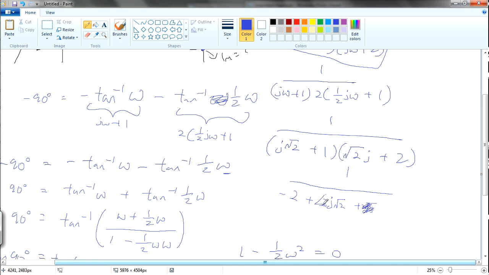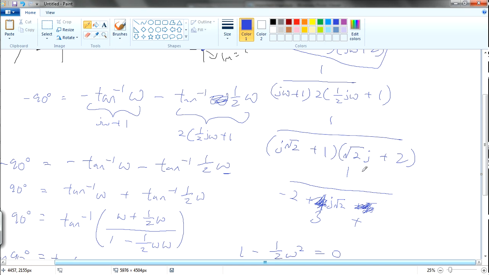That means it will be 3j, because this times this is 2j square root 2, and then plus 1 times this one is actually j square root 2. I think you get what I mean. So this is 3j square root 2.